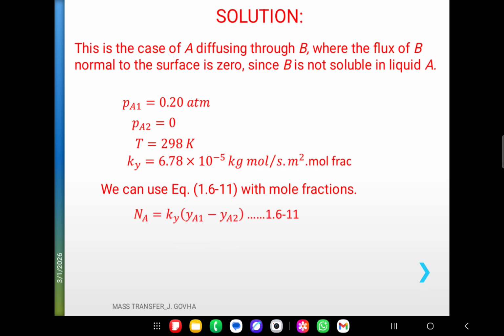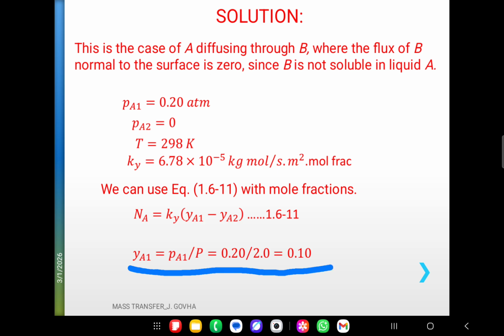With mole fraction, we've seen that NA is equal to Ky times (YA1 minus YA2). Then converting partial pressures into mole fractions, we have YA1 equal to PA1 over P, as indicated there.